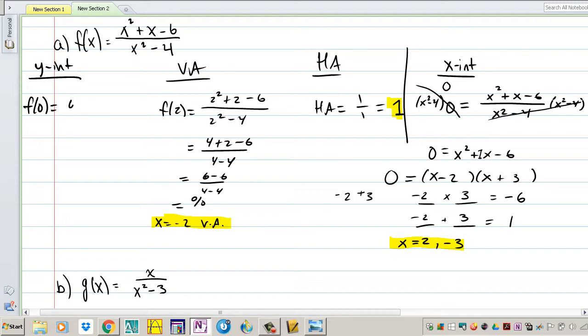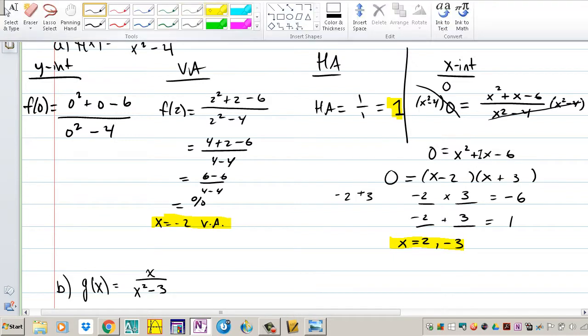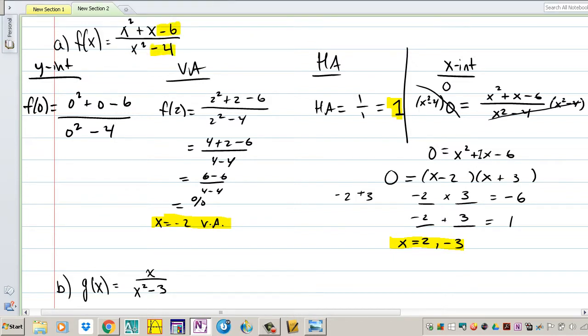So it's 0 squared plus 0 minus 6 all over 0 squared minus 4. Your y-intercept is always just the numbers without the x. So negative 6 over negative 4 is 6 over 4, which is 3 halves. This is my y-intercept.